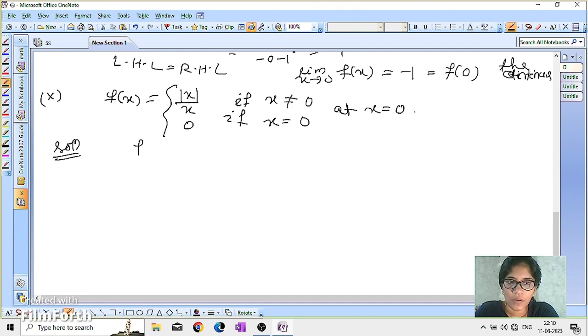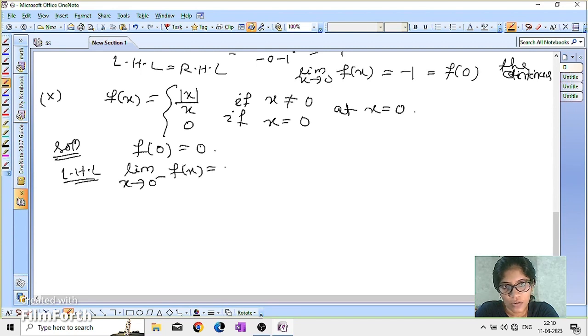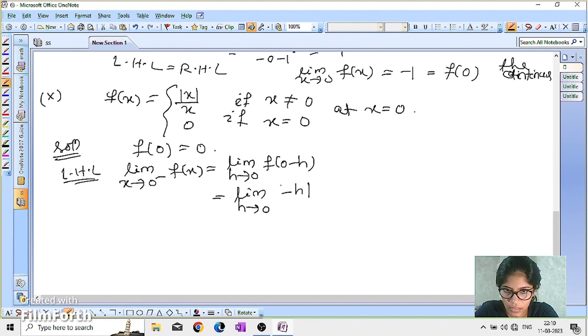Look, what is the value of the function at 0? It is 0. Then left hand limit means x tends to 0 minus f of x, which equals limit h tends to 0 f of 0 minus h, which equals limit h tends to 0 of minus h modulus divided by minus h.